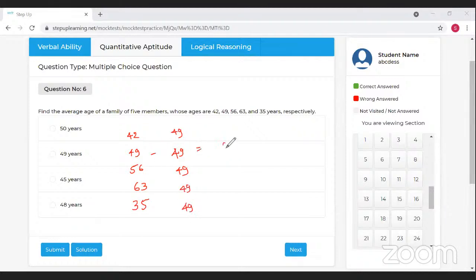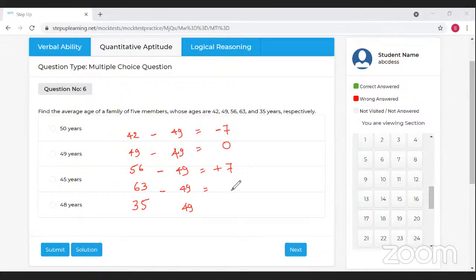49 minus 49 is 0. 42 minus 49 is minus 7. 56 minus 49 is plus 7. Yes, Deepika, we are doing that. 63 minus 49 is not plus 7.